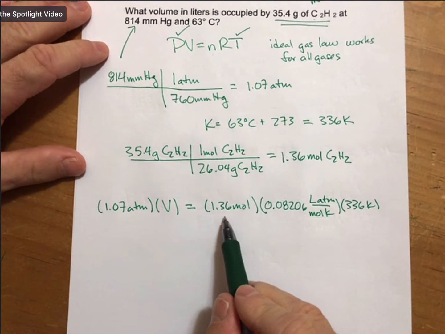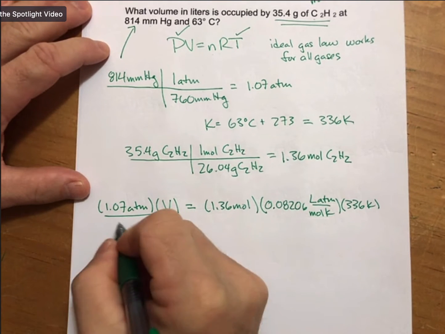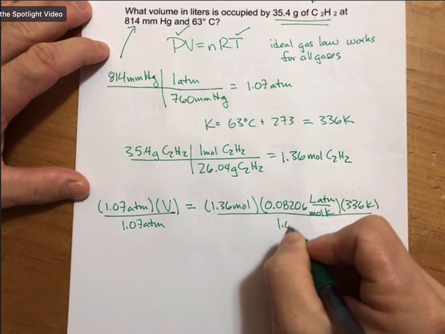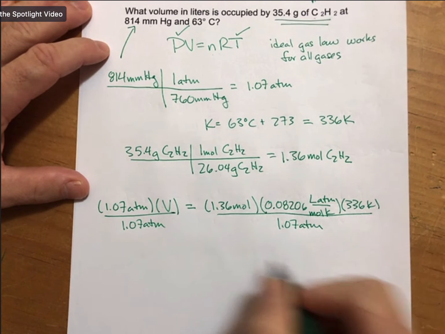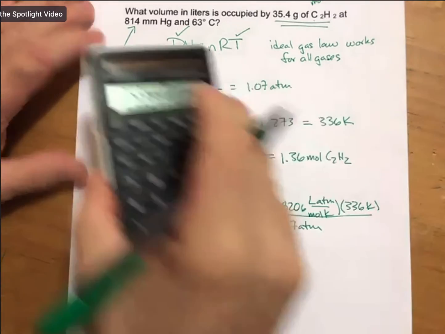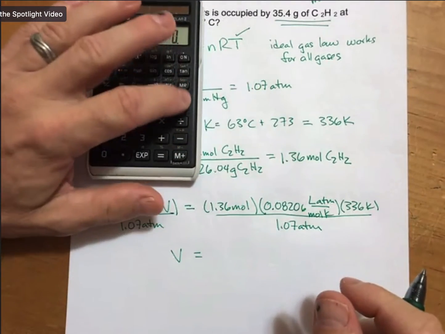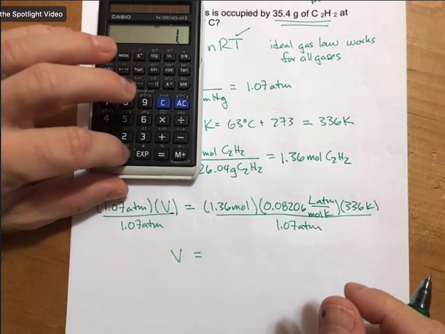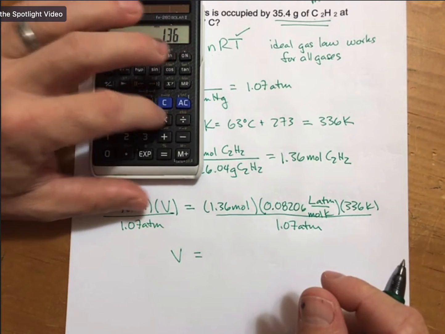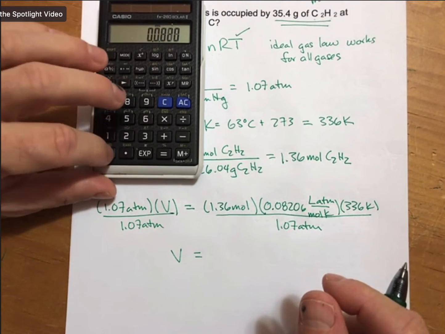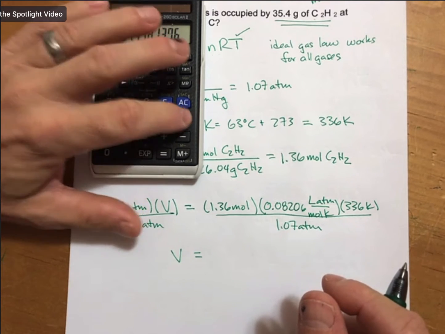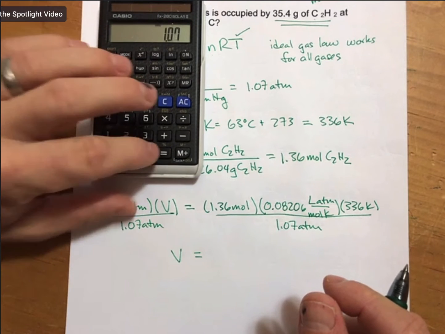So now to solve this, I divide both sides by 1.07 atmospheres. My volume is 1.36 times 0.08206 times 336 divided by 1.07.